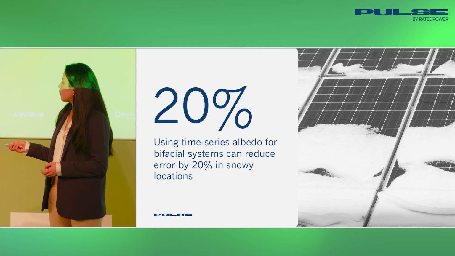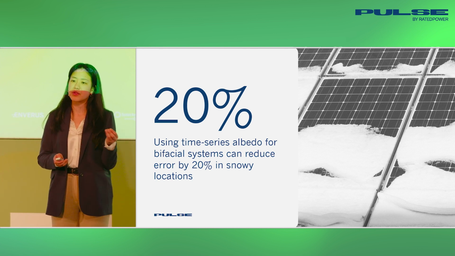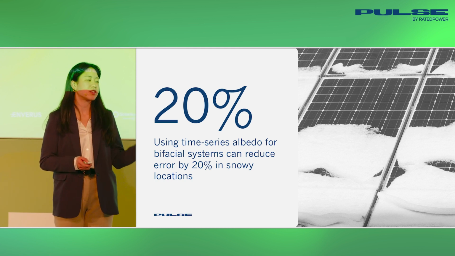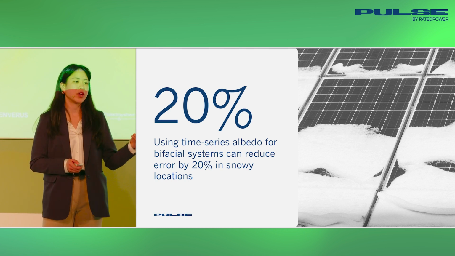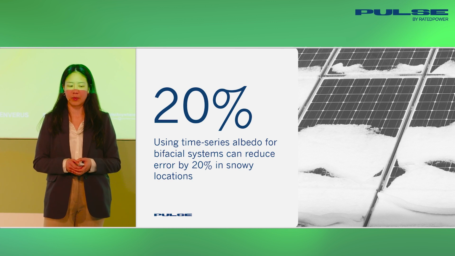In one study, we found that using an appropriate albedo value in power modeling reduced our error by 20%. And this is especially true in snowy locations where you have a lot of reflection, or in arid locations where the ground is light and you will have reflection from the surface as well.